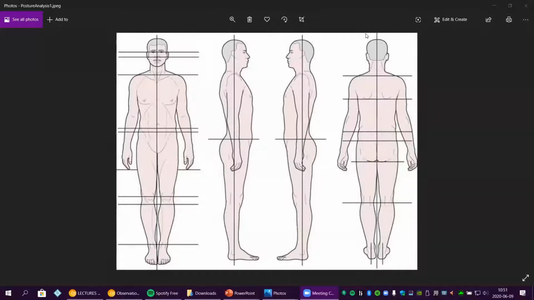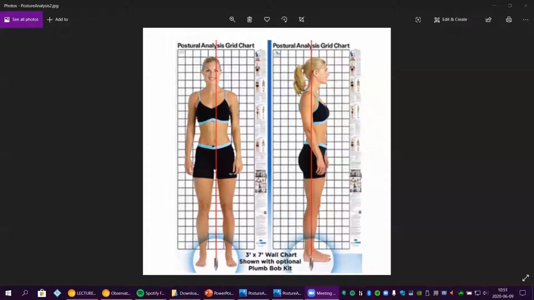Let me change photos here real quick and bring up the Alinabod. So share screen, Alinabod. This is typically what you're going to see when you're in the clinic as far as assessing posture.